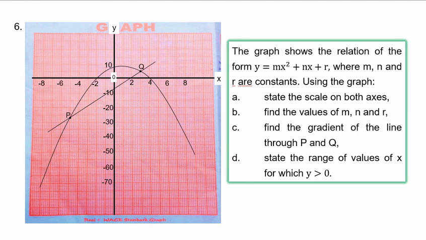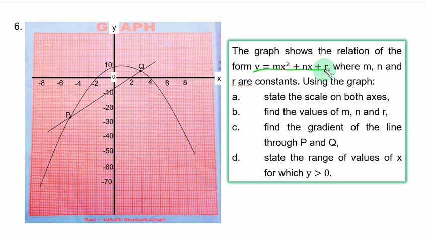Question 6. The graph shows the relation of the form y equals ms squared plus ns plus r, where m, n, and r are constants.